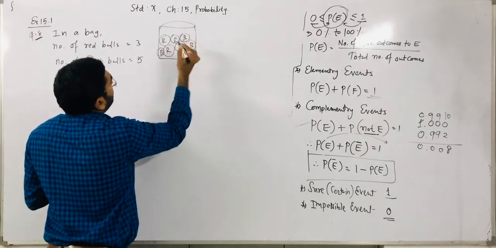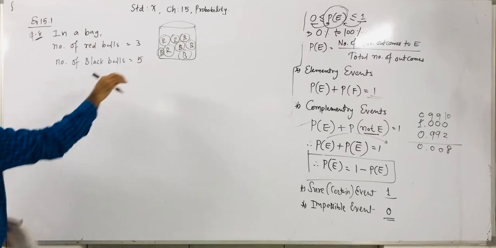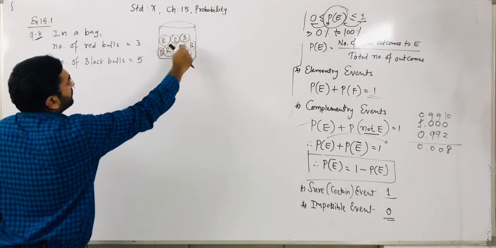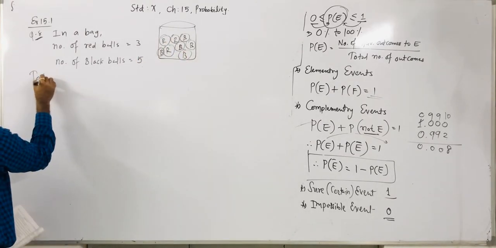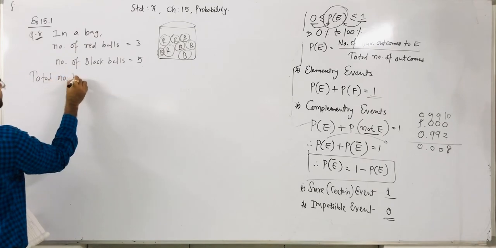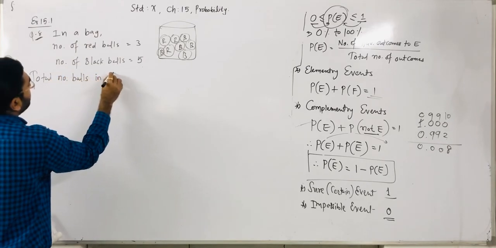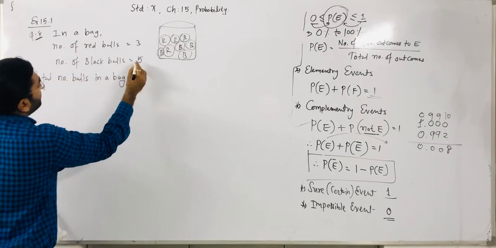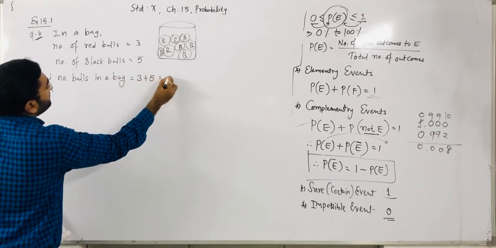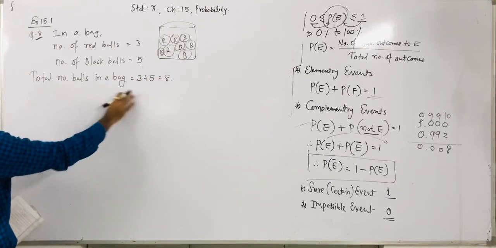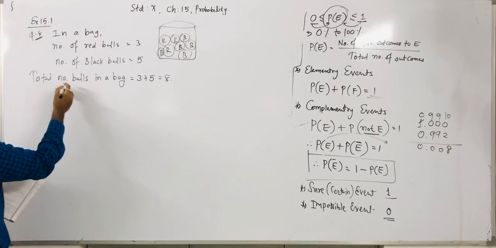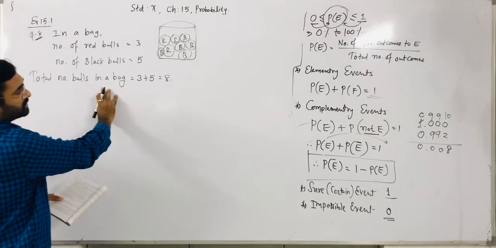So the total number of balls in the bag is 3 plus 5, which is 8. Total number of balls means the total number of outcomes.